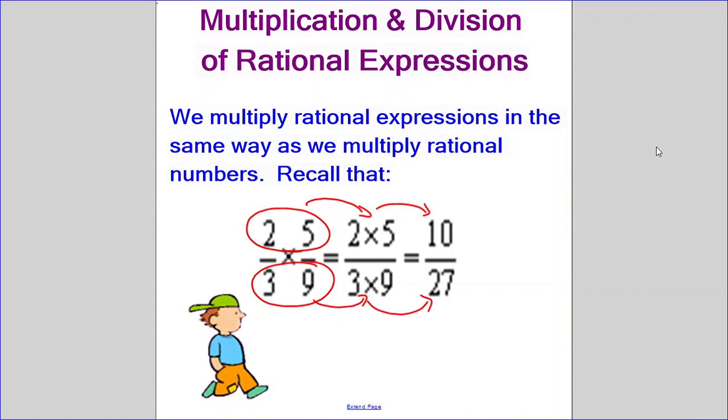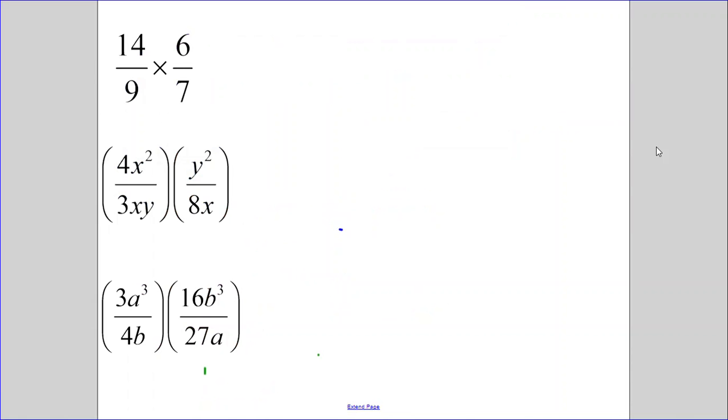So we treat rational expressions the same way. We multiply across the top, multiply across the bottom. So for instance, here we have 14 over 9 and 6 over 7. What we can get in the habit of doing is evaluating these before we multiply them.